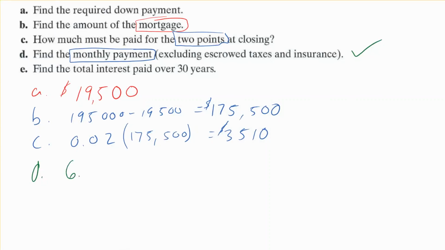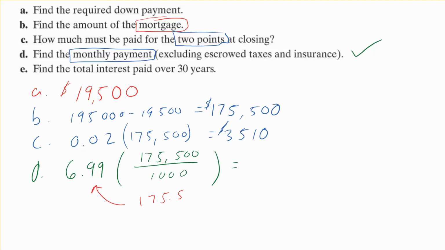So that's going to be 6.99 times how many thousands of dollars do we have? Well, we have 175,500. If we divide that by 1,000, that's going to tell us that number is 175.5 times the 6.99.